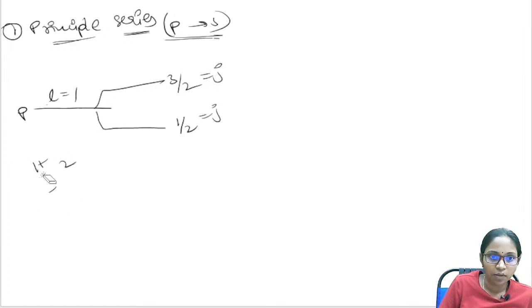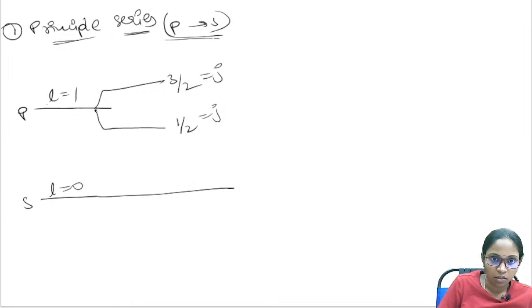And I'm taking the S orbit. For S orbit, L value is equal to 0. Therefore we will have only one energy level for S orbit. Now consider the electron transition.